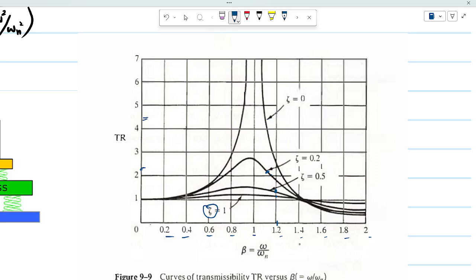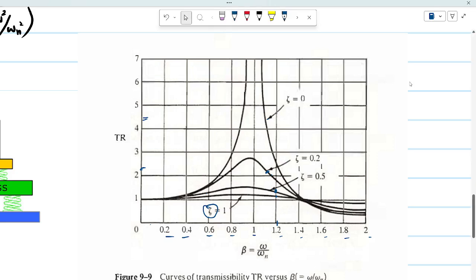So if you keep the frequency ratio constant and you reduce the damping in the system, naturally more force will be transmitted. But for the constant frequency ratio, if you add damping in the system, obviously the transmitted force will be damped out by the dampers. This is what dampers are for, to damp out the energy so that you don't transmit that energy to the floor.